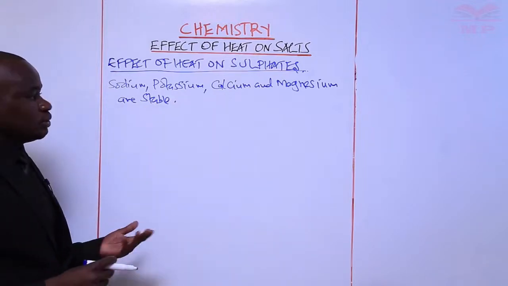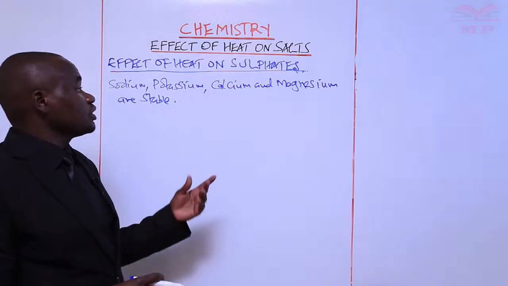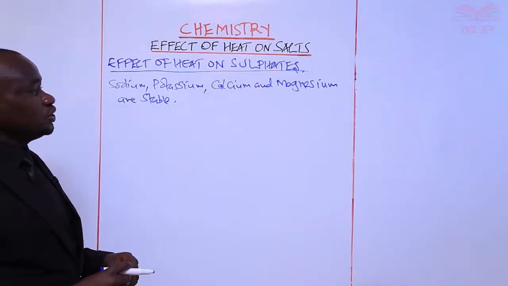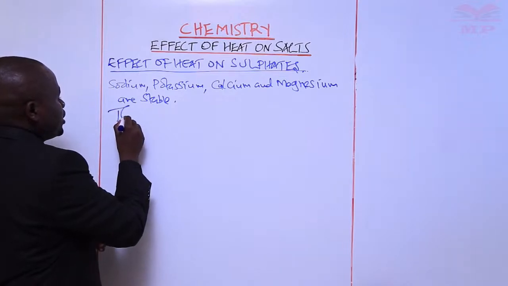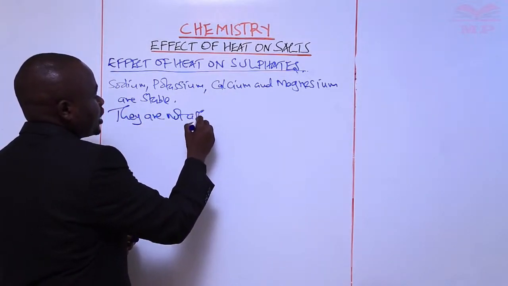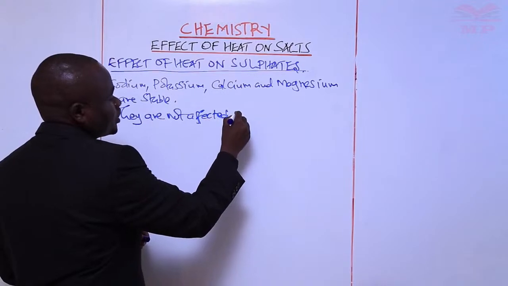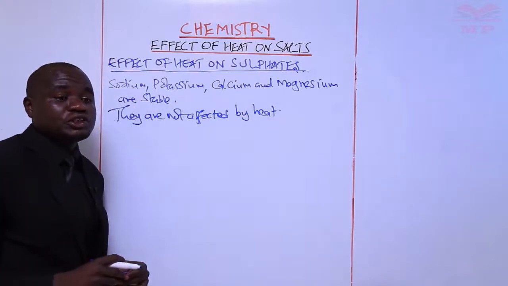Of course, the main reason is because those elements are reactive, and for that reason, if they are stable, it means they are not affected by heat. That means they don't decompose on heating.